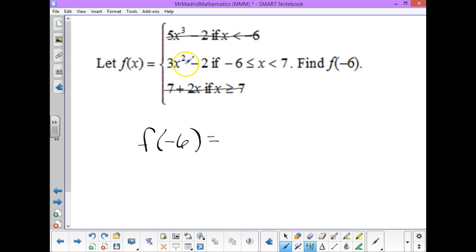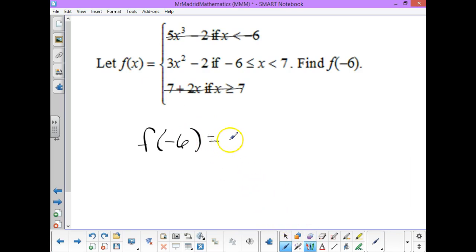So I would imagine I'd work with this one. Let me double check. -6 is equal to -6, however the statement says the value is also greater than -6 but less than 7. So with that said, I'm going to be working with this function right there.